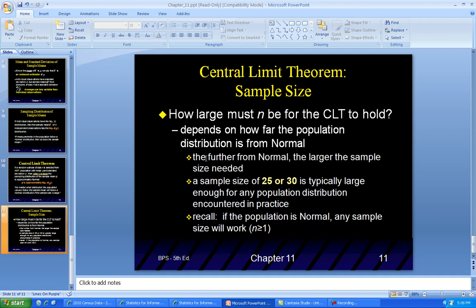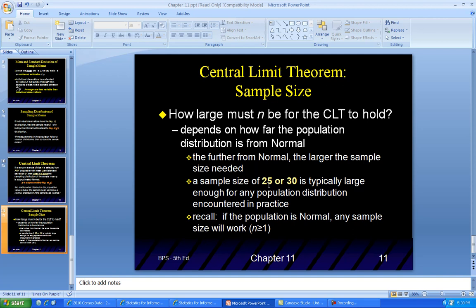So again, if your population is not normal, then you have to take a lot of people. Let's say, remember the height of people, men or women. You know what the population mean is and the population standard deviation. Now go into the mall and take 25 to 30 people at random. Because that population is normal, your statistics should be normal as well, and that's the part of the law that's going to be proven or supported.